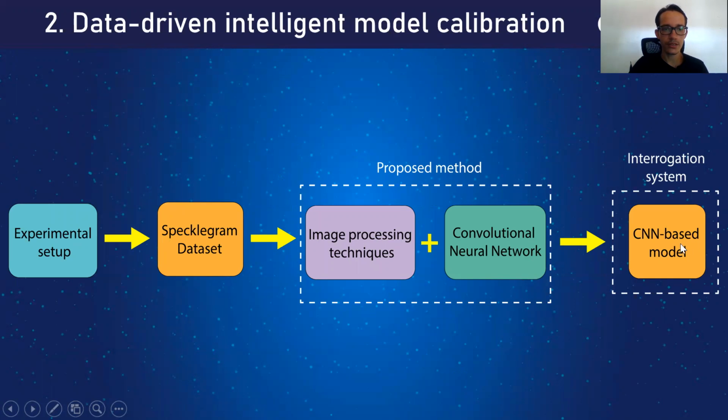The resultant intelligent model plays the role of the whole interrogation system and accomplishes the calibration of the sensor, which results in a sensor with extended dynamic range and high sensitivity that is capable of measuring axial strains applied over a polymer optical fiber.